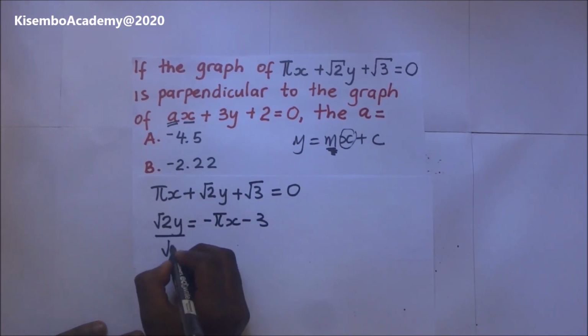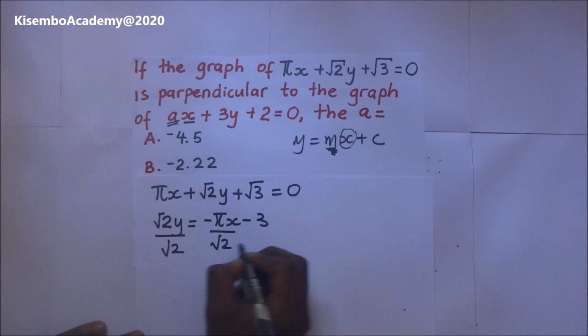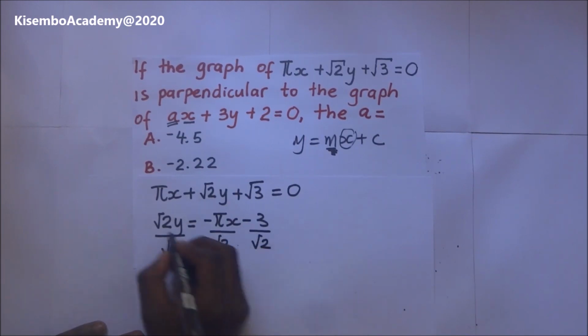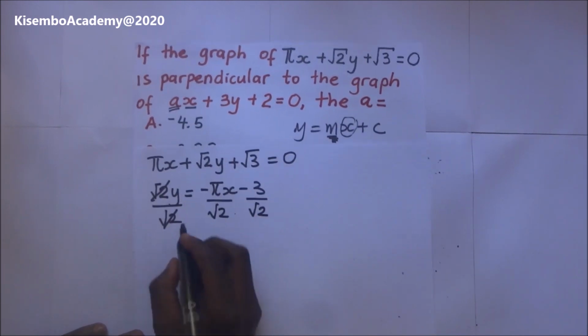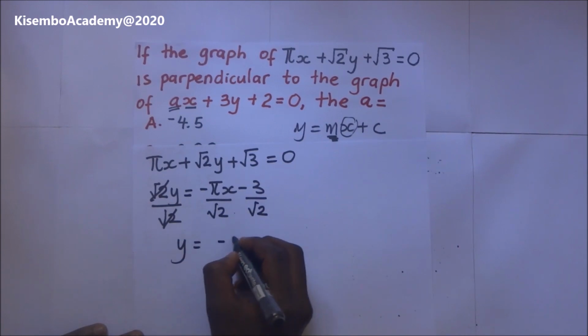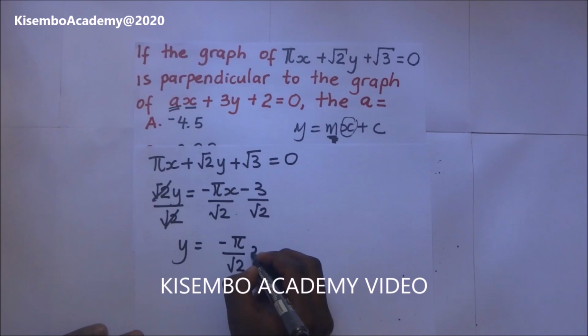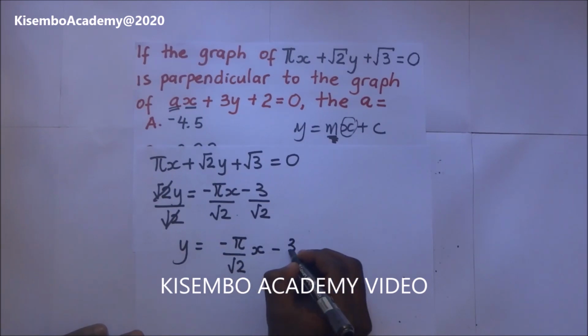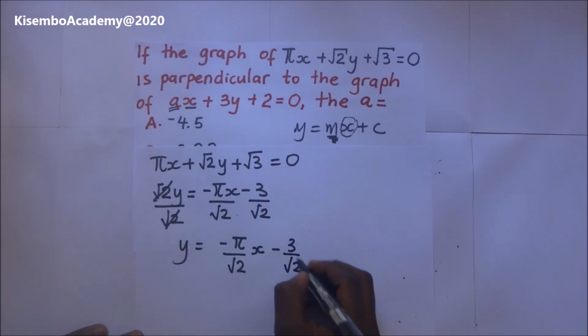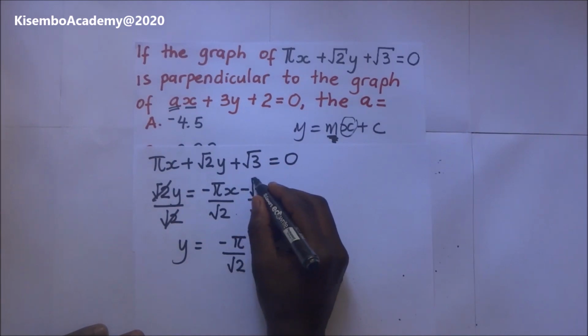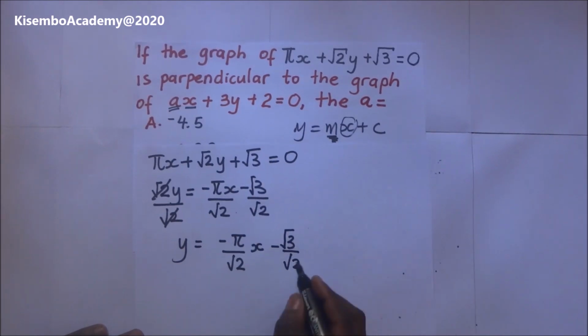When we divide through by root 2, this goes with that to remain with y, giving us negative pi over root 2 of x minus 3 over root 2. Actually, this 3 is also under the square root.